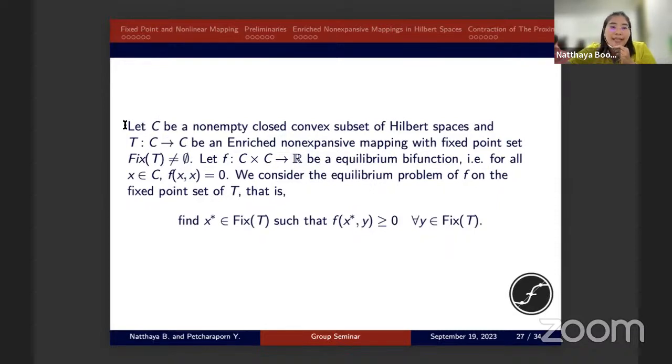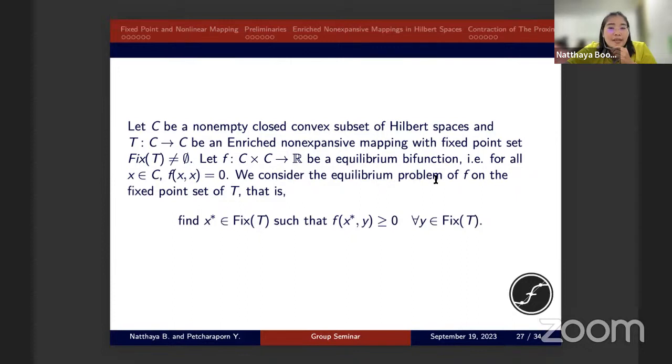In this topic, I define C as a non-empty closed convex subset of a Hilbert space, and T is an enriched nonexpansive mapping with the fixed point set of T non-empty, and F is an equilibrium bifunction such that for all x in C, F(x, x) equals 0.